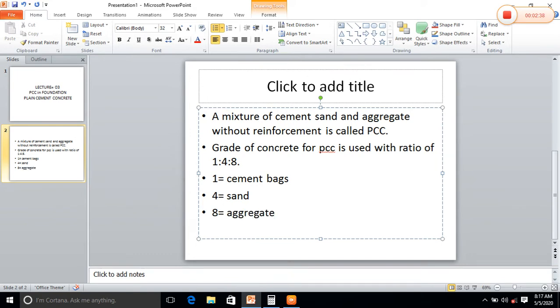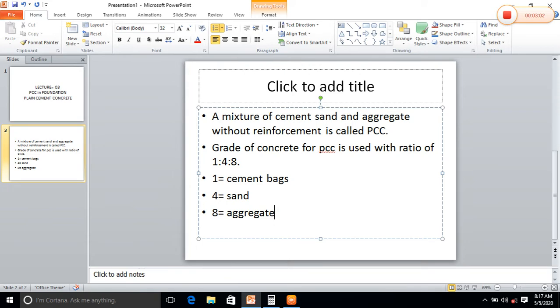Okay, so a mixture of cement, sand, and aggregate without reinforcement is called PCC. What is reinforcement? Without steel. Okay, without steel, a mixture of cement, sand, and aggregate is called PCC.